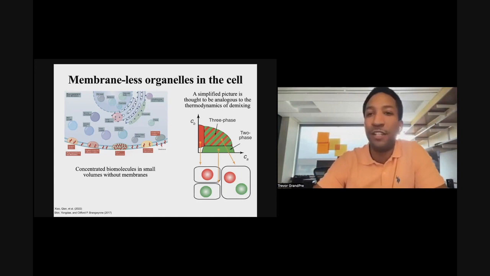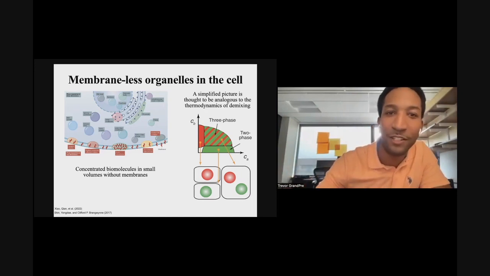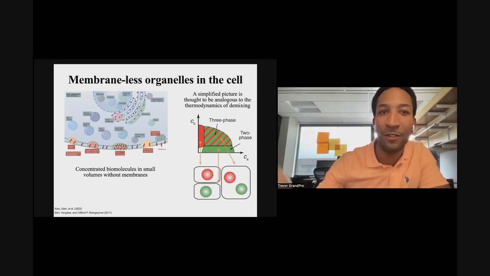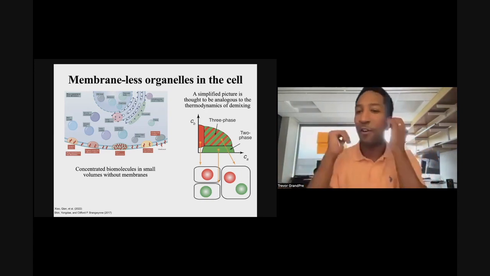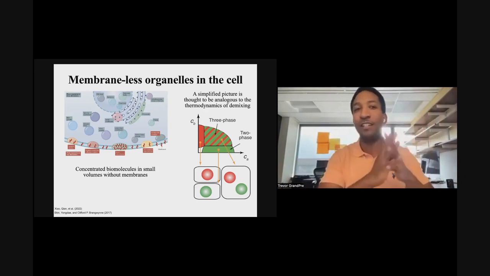But a simple equilibrium picture that has emerged is, well, how can so many of these droplets, like within the nucleus, this PML body and the nucleolus and the polycomb body, all be confined but not mixed?